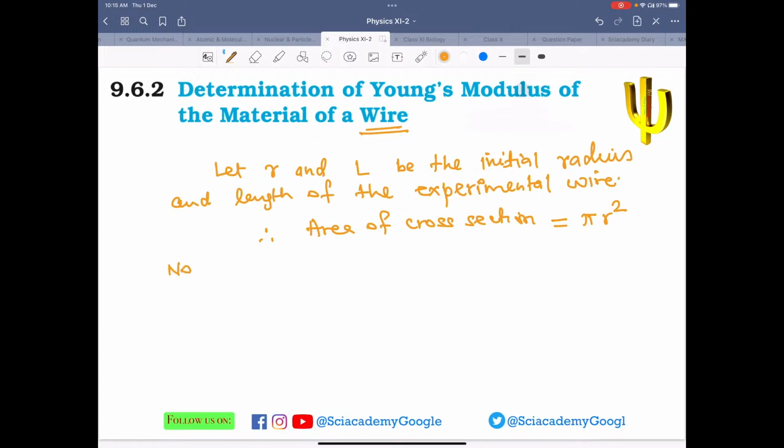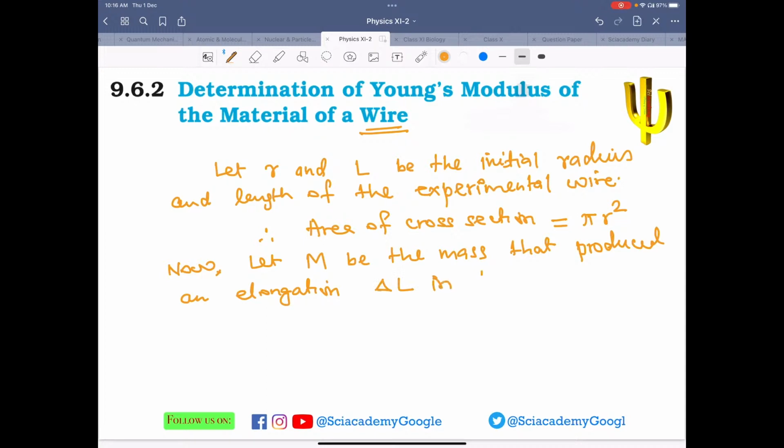Now let m be the mass that produced an elongation delta L in the wire.